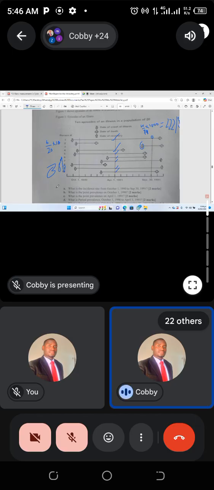We are looking at the point prevalence, so we want the population at this time.